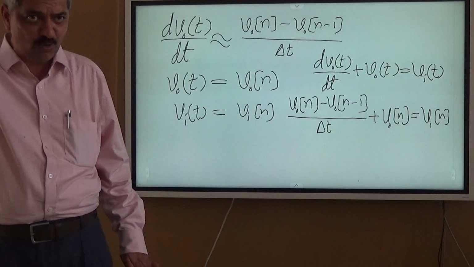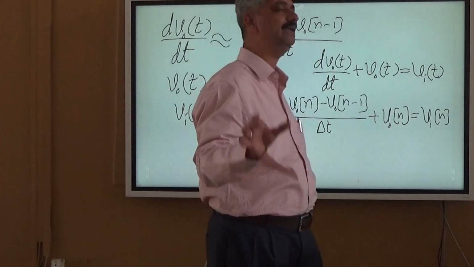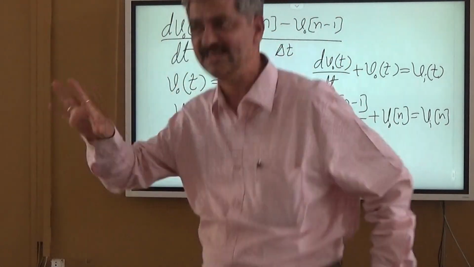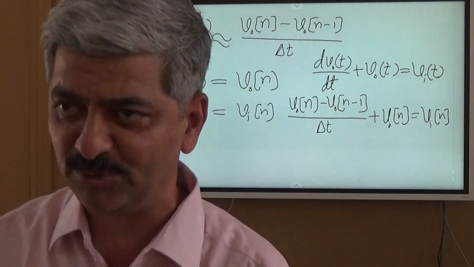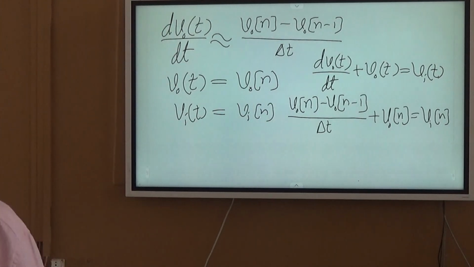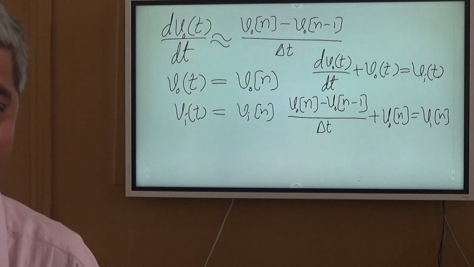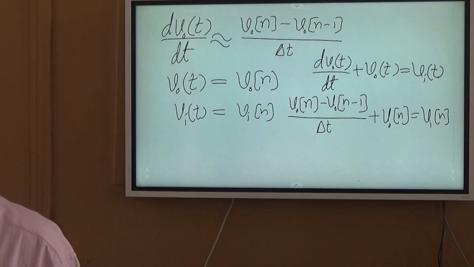Derivative of output. What is the derivative of output? Derivative is rate of change. Rate of change is approximately equal to the difference in the current and previous sample upon the time duration over which the difference is taken. Derivative म्हणजे काय? सॅम्पल मधल्या व्हॅल्यूचा फरक भागिले सॅम्पल्स किती वेळाने घेतली त्या टाइमचा फरक, राइट?